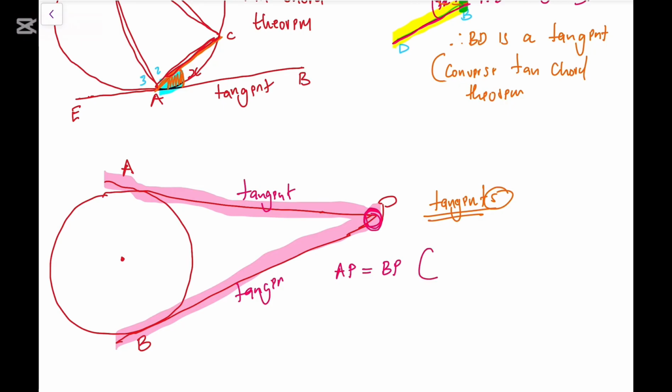When you write your reason here, you just say tangents from the same point are always equal in length.